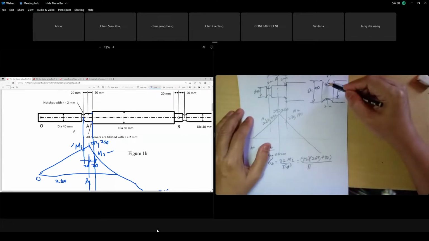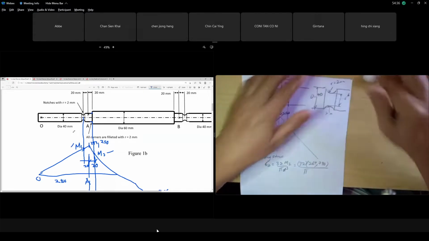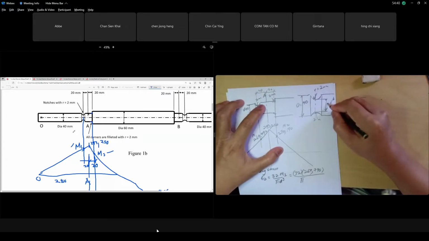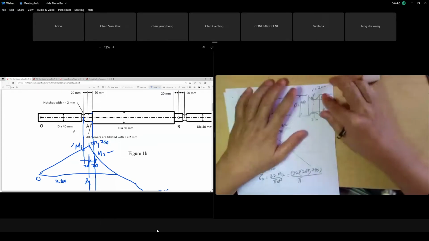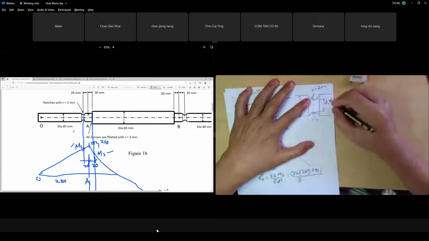Am I using at the groove here 40 or 36? Which diameter? At the groove. Here, this is your groove. Can you see, guys? This is your groove. The groove is 40 minus 4, because at the groove the smaller diameter is 36.